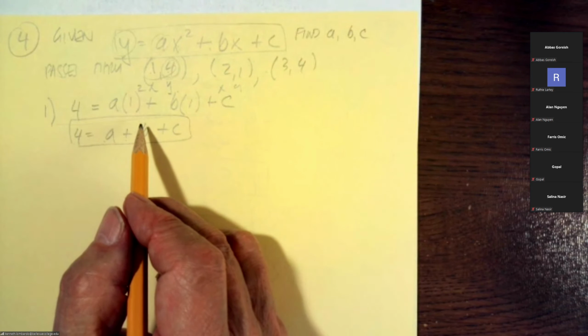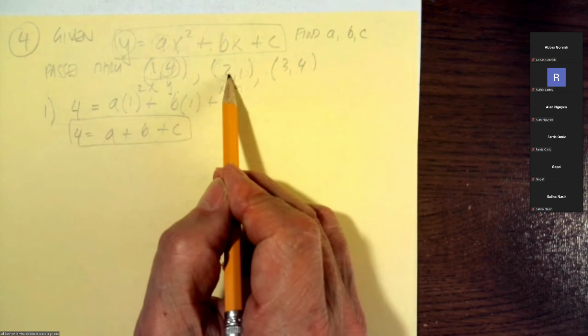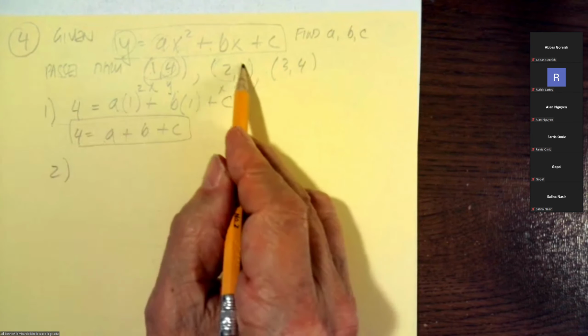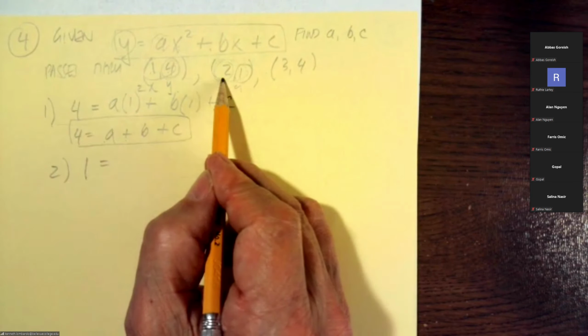Okay, now how about we substitute the second point? So the second point is 2 and 1. So for the second equation, I might say here's y, that's 1, equals, substitute 2 for x.